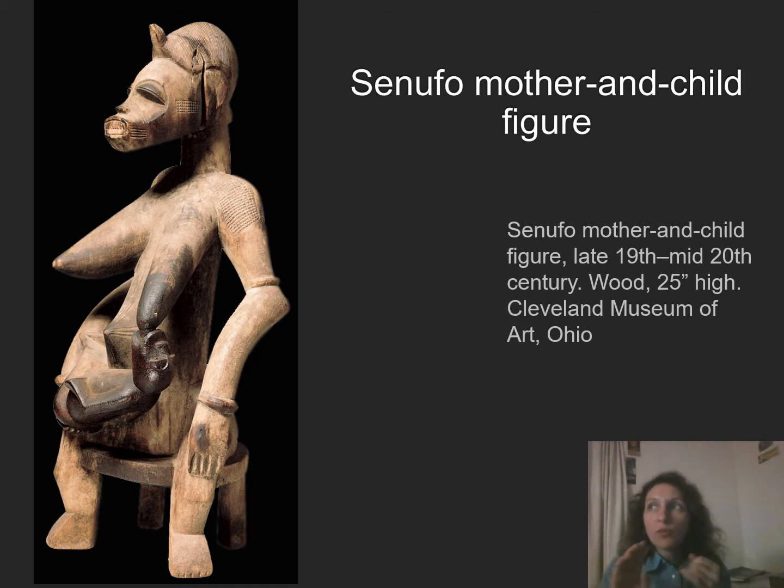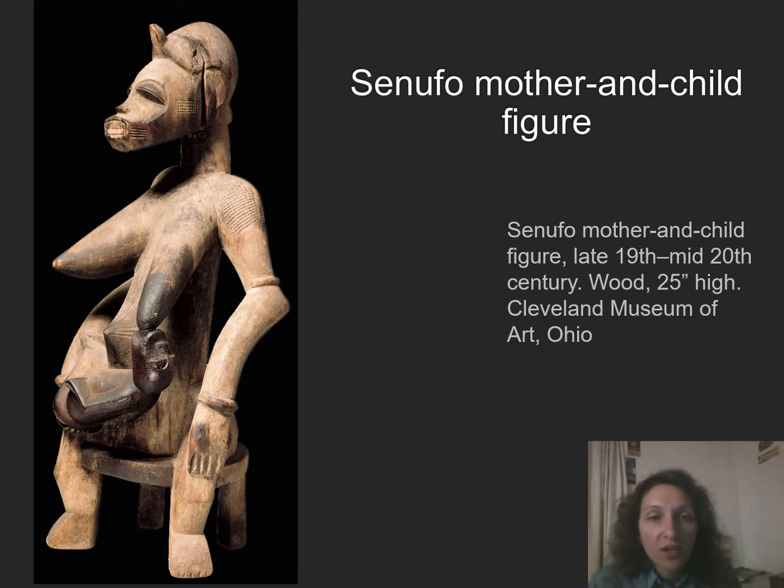When we looked at that figure of Onai and also that warrior chief, we came up with that term, I came up with that term, hierarchical proportion, where the most important part of the body is exaggerated in proportion to the others.